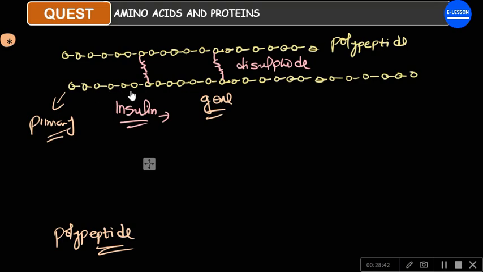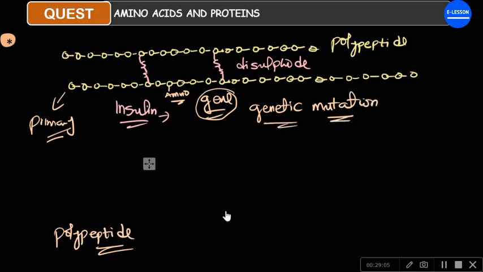The order in which these amino acids are arranged is determined by the gene. And any shift in the position of any of these amino acids, or a replacement of one amino acid by another, is what we call genetic mutation. That means what? When you say mutation, it means aberration, genetic change. Are you getting it now?